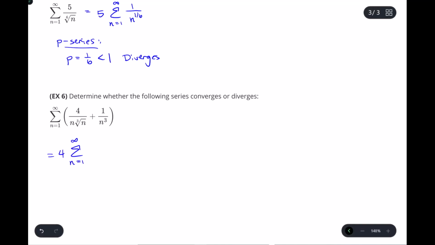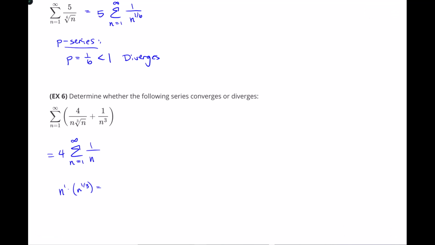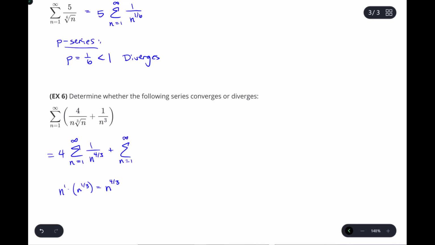I'll say 4 times the series of 1 over n times the cube root of n, which would be n to the first times n to the 1/3. And you would combine these by adding the exponents, so that would be n to the 4/3 power, needing a common denominator there. All right, then plus the series n equals 1 to infinity of 1 over n cubed.